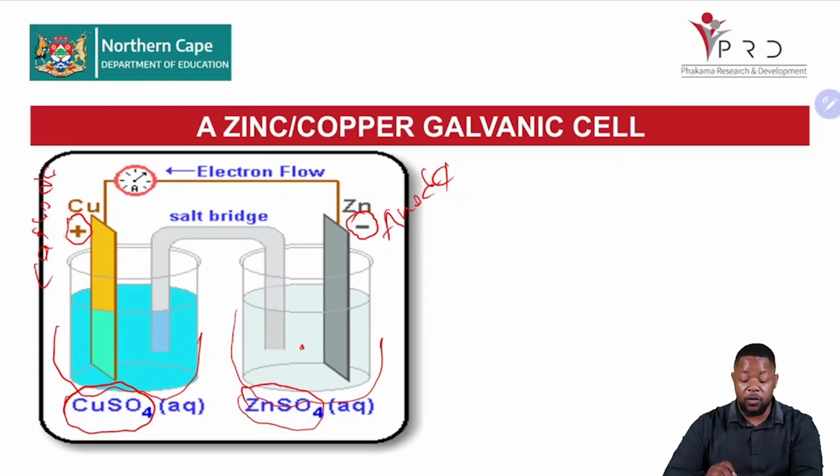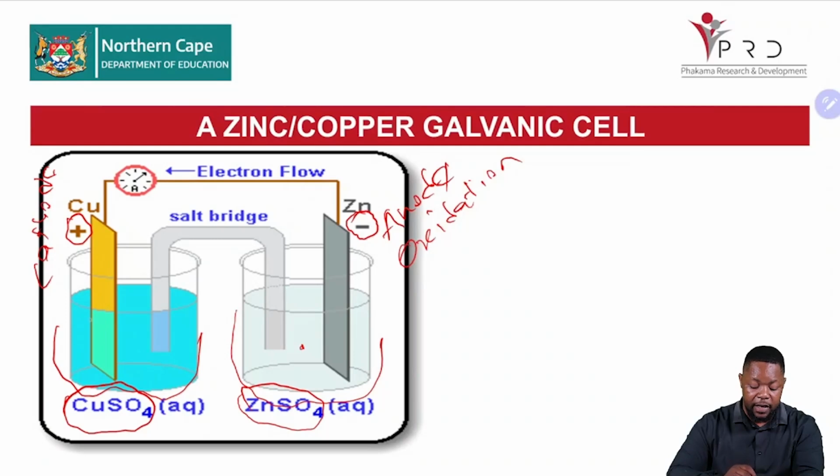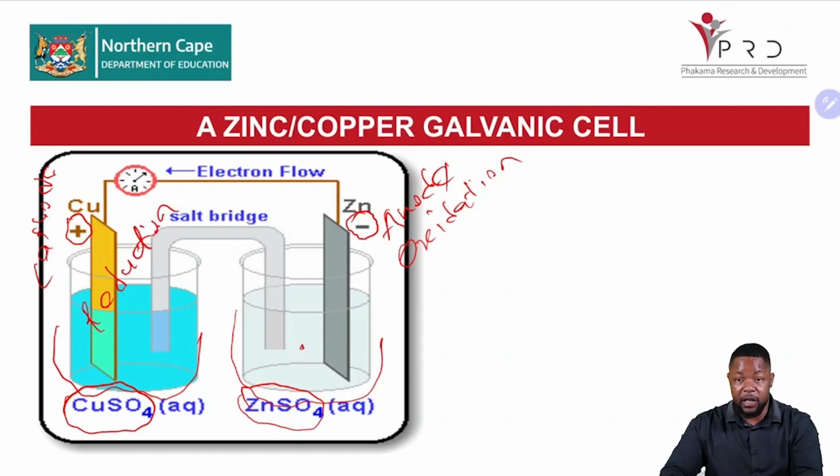We also remember that at the anode, that's where oxidation occurs, and at the cathode, reduction occurs. We need to remember that. As soon as we identify our anode as the negative electrode, we should remember that that's where oxidation takes place.